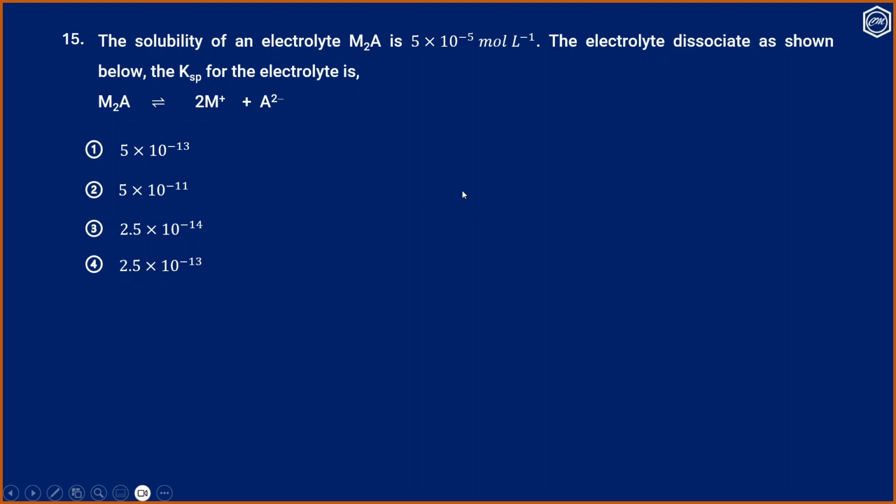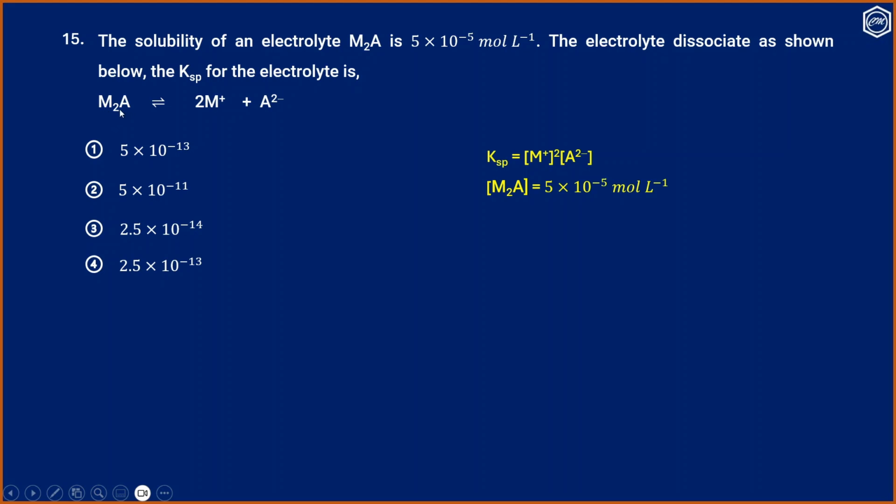Since it is a numerical question, we have to find the answer by calculation. The general expression for Ksp is [M+] squared into [A2-], since 2 moles of M+ are there and only 1 mole of A2-. Now the concentration of M2A is 5 into 10 raised to minus 5 mole.